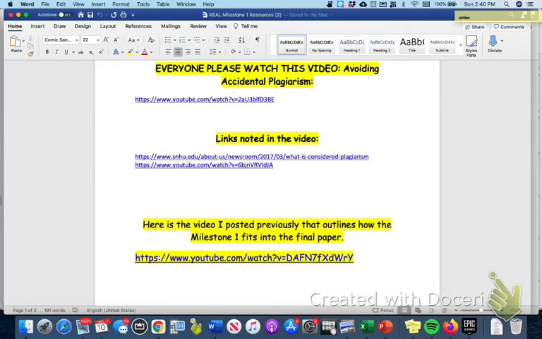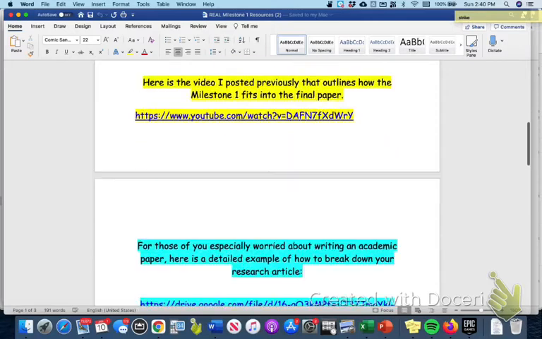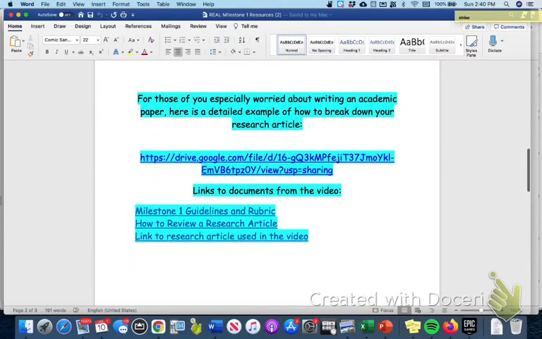Including me outlining how the Milestone 1 fits into the final paper. I've also given you a more detailed breakdown of, if this is your first academic paper and you don't even know where to start as far as reading your research article and breaking it down and figuring out how to make sense and extracting the information that you need for the Milestone 1, I've done a video to show that.